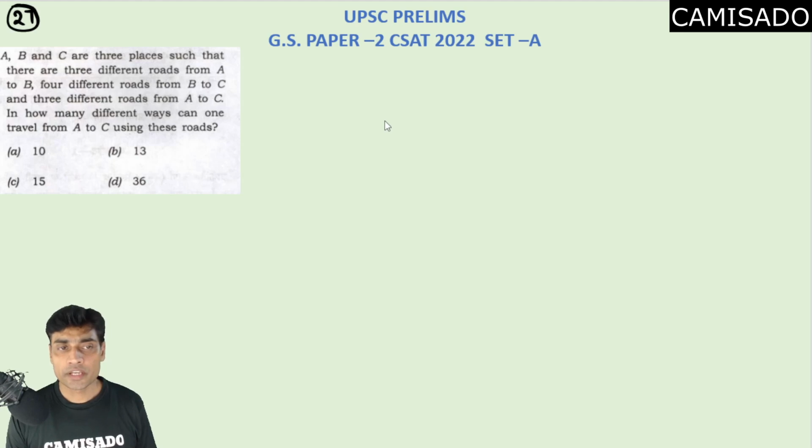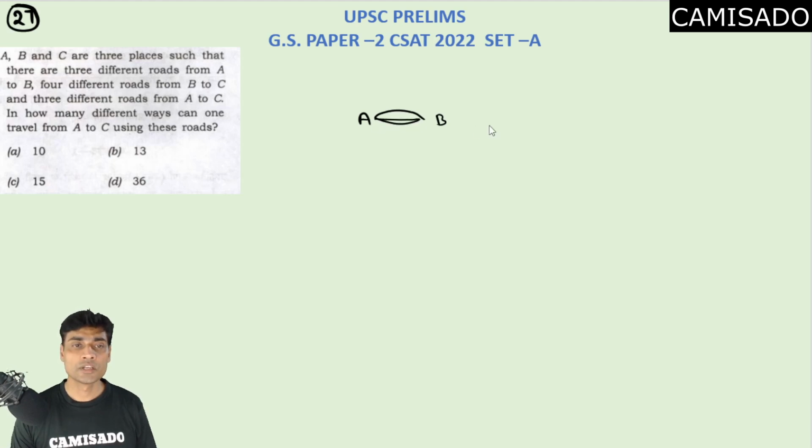Again, A, B and C are 3 places such that there are 3 different roads from A to B, and 4 different roads from B to C. So 3 here and 4 here. In how many ways can one travel from A to C?